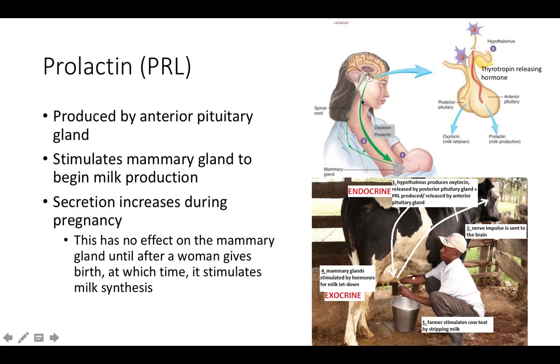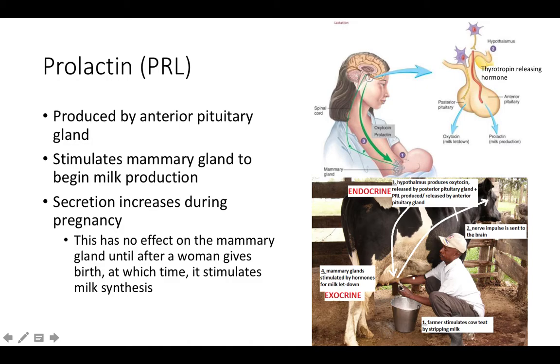It'll send a nerve impulse to the brain. She gets this nerve impulse in her brain, and as a result, the hypothalamus sends hormones, in this case, thyrotropin releasing hormone, so a stimulating hormone, down these blood vessels to the anterior pituitary gland. And as a result, the anterior pituitary secretes prolactin, which travels through the blood back to the mammary gland and allows her to start producing milk.